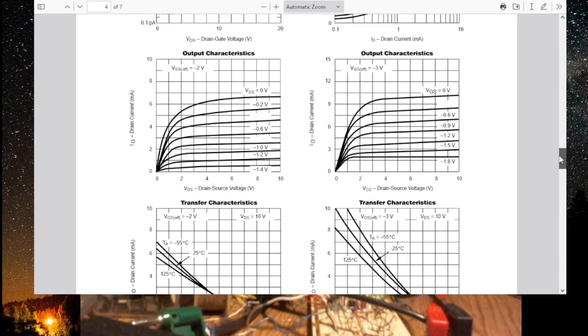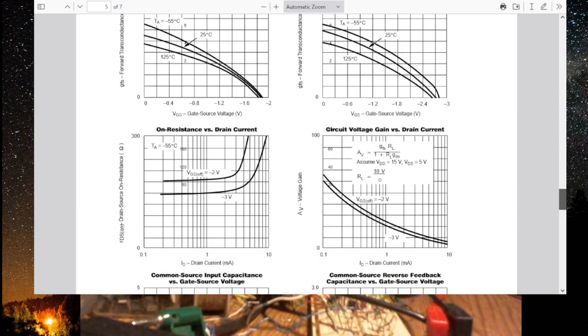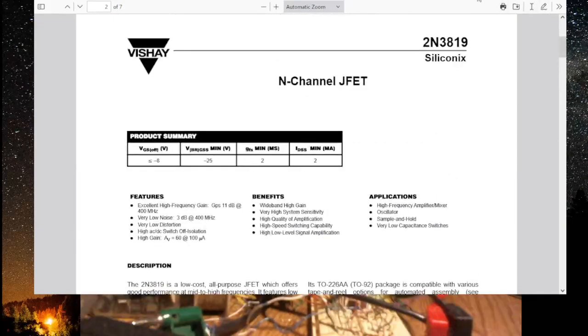Now this graph is your gain graph. When you have higher drain current, you have a higher drain source voltage. This gives you your amplification, I think. I forget. Anyway, I just go for the circuits.